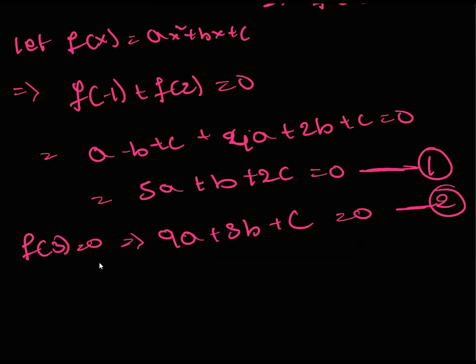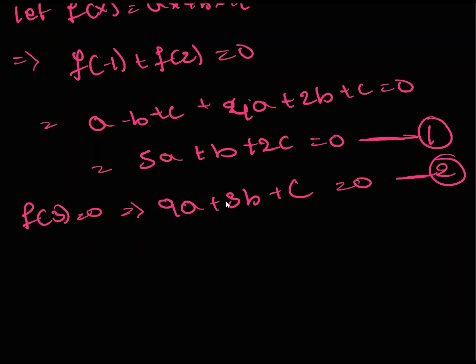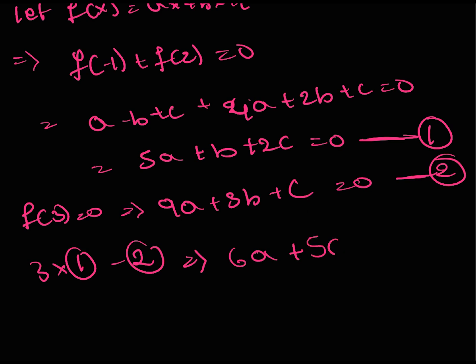Now eliminate b from these two equations. We get 3 times equation 1 minus equation 2. We get 15a minus 9a, 6a, plus 6c minus c, 5c equals 0.